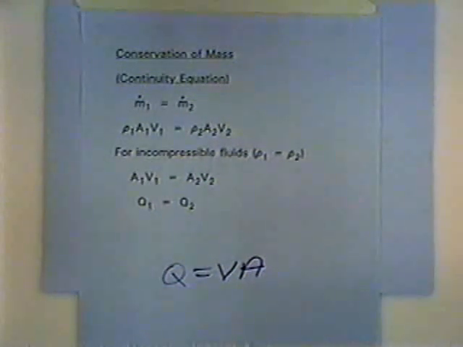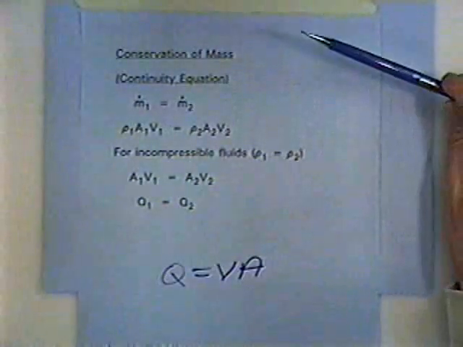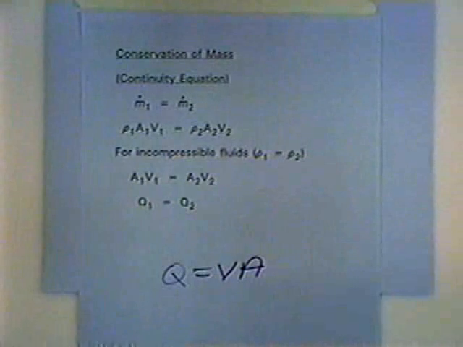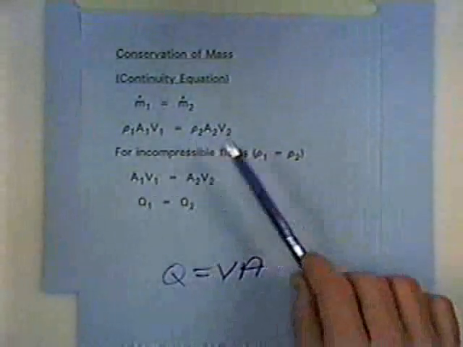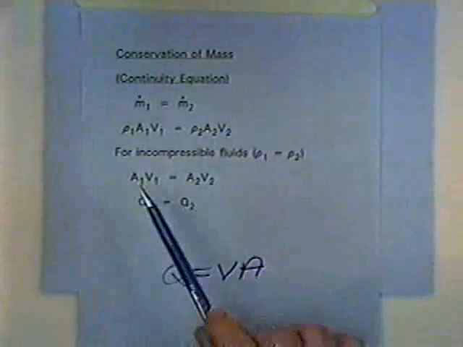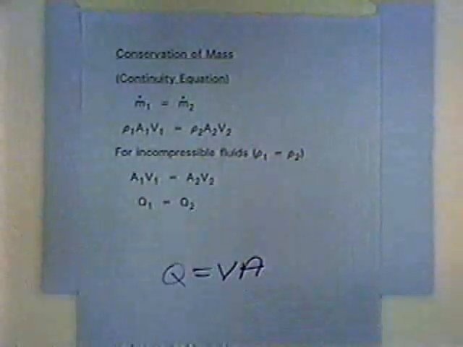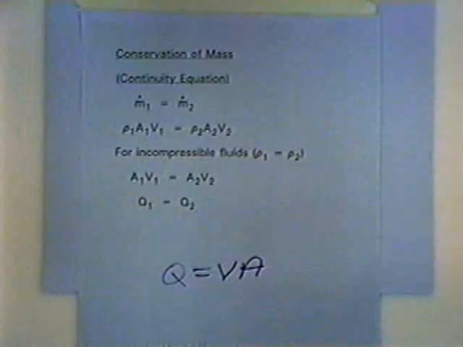Conservation of mass, which we call the continuity equation, says that in pressure conduit flow, pipe flow, or open channel hydraulics, the mass flow rate at one section is equal to the mass flow rate at another section. The mass flow rate is area times velocity times density.